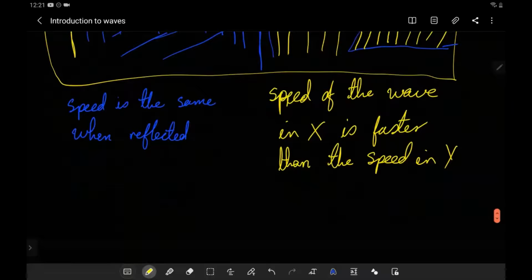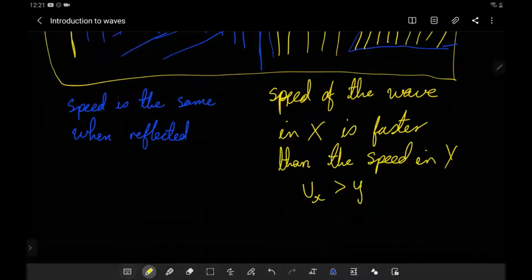Let's write the x speed is bigger than the y speed. Either way is fine.